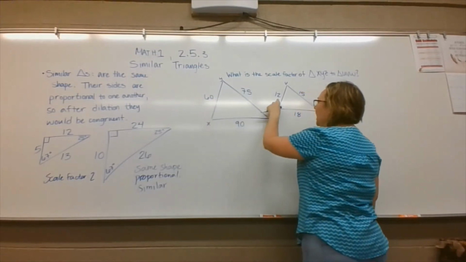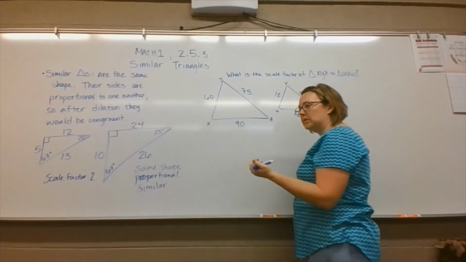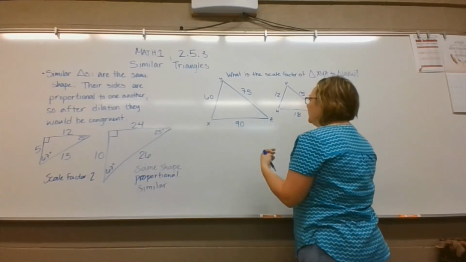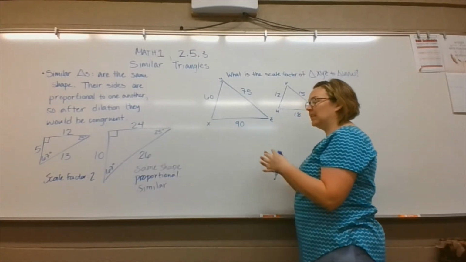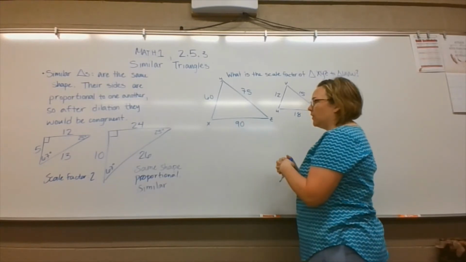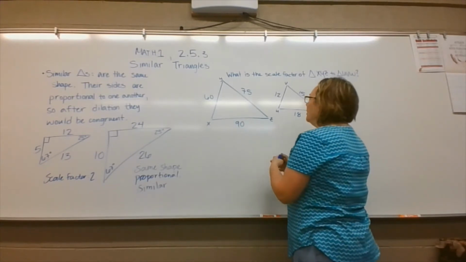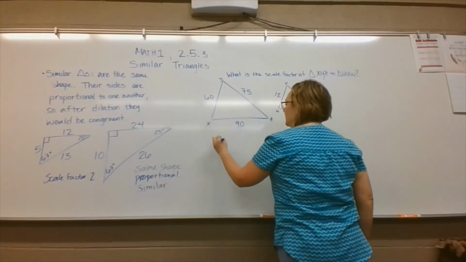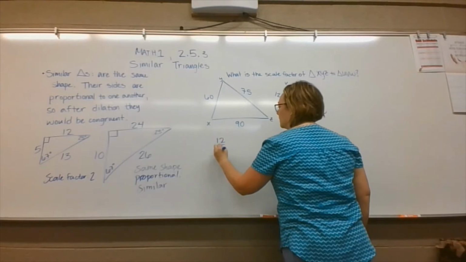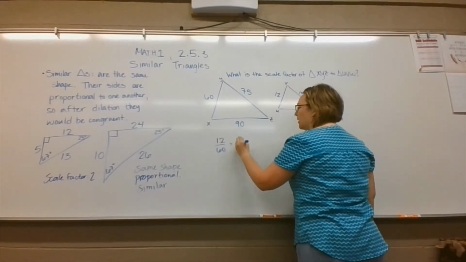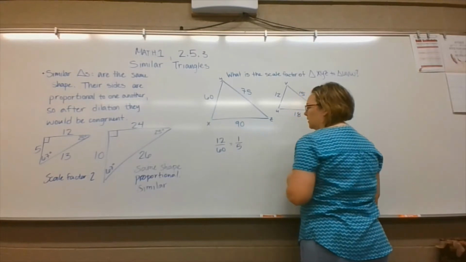So 60 times what is 12? That's not always easy for me to decide. So a lot of times when I need to figure out something that's decreasing, if I multiply by a decreasing amount, then I know I've got a decimal or a fraction. So I can take 12 and divide it by 60. And if I reduce this down, then I get 1/5.